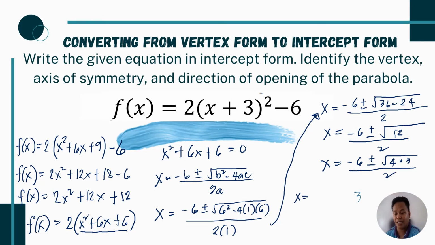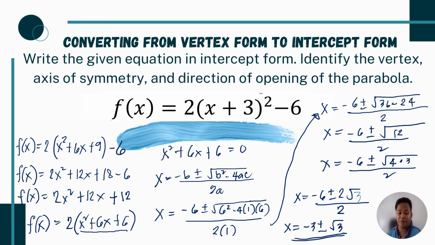Then we have negative 6, positive negative square root of 4 is 2, square root of 3, all over 2. Then, we're going to simplify. Negative 6 divided by 2 is negative 3. Positive negative 2 divided by 2 is 1, square root of 3 po. So, ito po yung ating magiging x sub 1, x sub 2, or the roots of this quadratic equation. We have negative 3 plus minus the square root of 3.